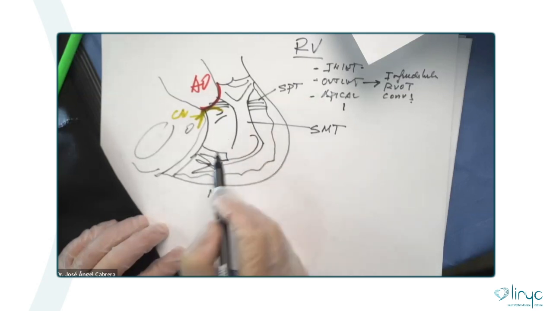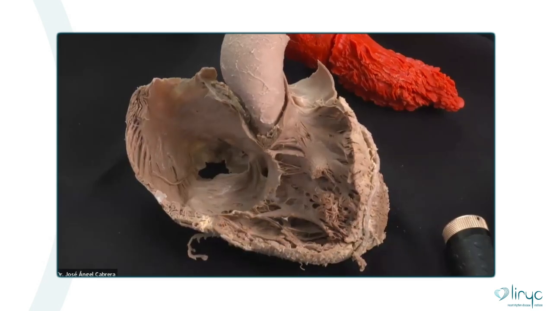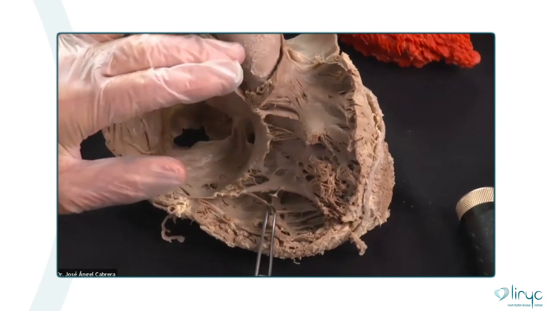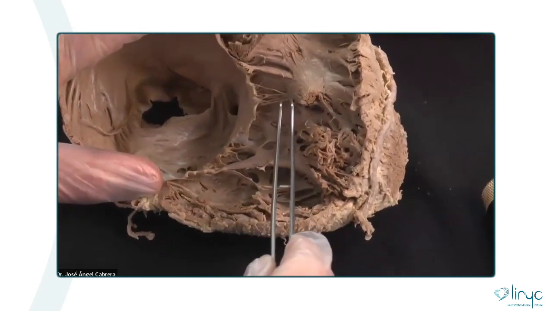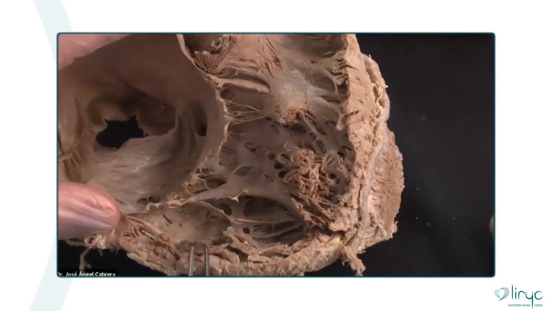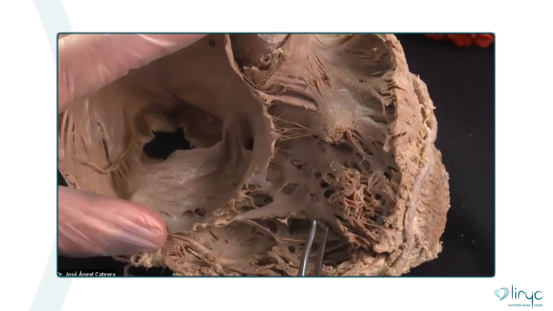And remember that although we can use the term papillary muscle, this is the medial, and this is the anterior and inferior, this is not just a simple papillary muscle.